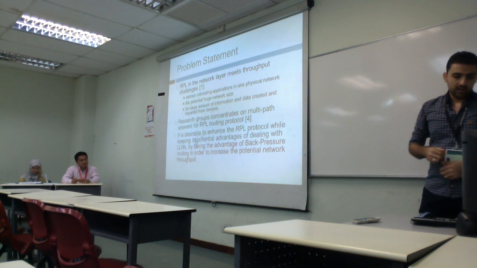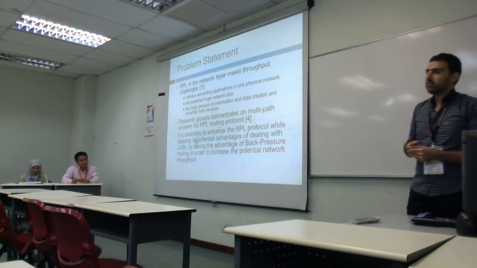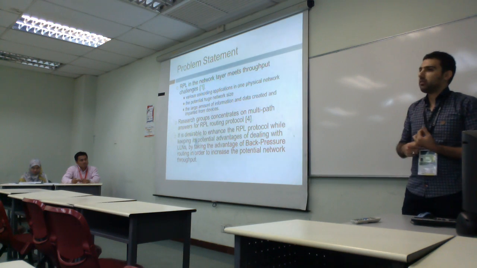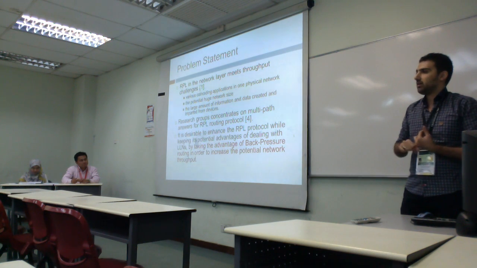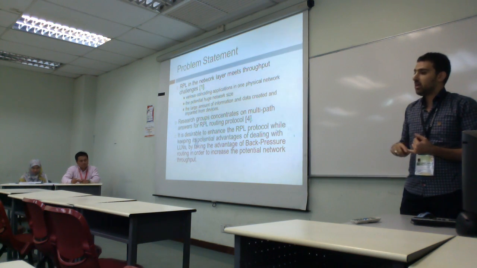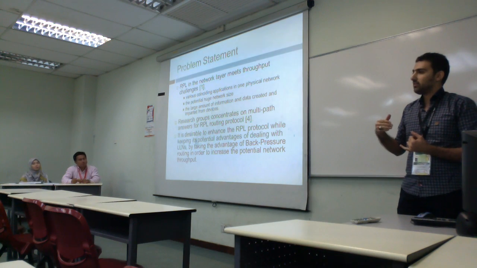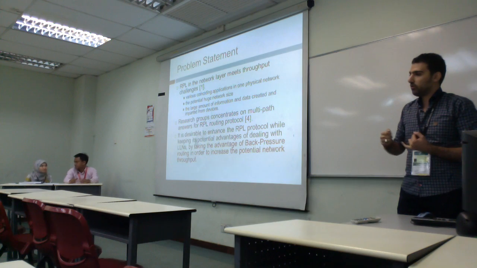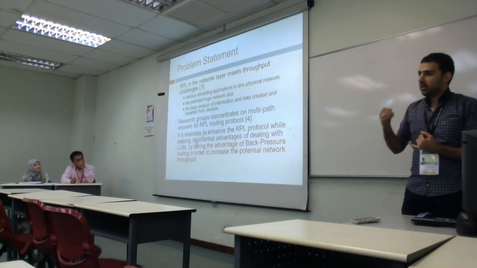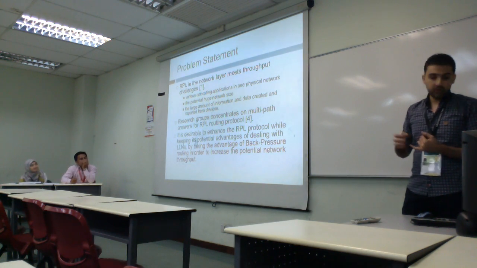As I have said, we have the back pressure routing protocol that is used for wireless sensor networks under lossy links, and this protocol has shown very good throughput performance, and it proved to be optimal in theory.